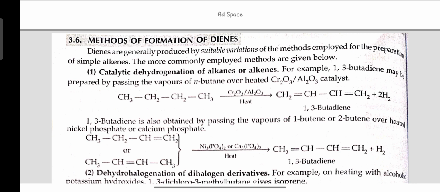For example, 1,3-butadiene may be prepared by passing the vapor of n-butane over heated Cr2O3-Al2O3 catalyst. 1,3-butadiene is also obtained by passing the vapor of 1-butene or 2-butene over heated nickel phosphate or calcium phosphate.